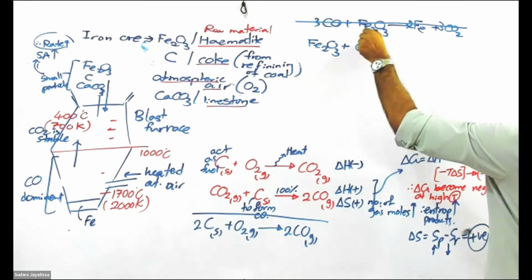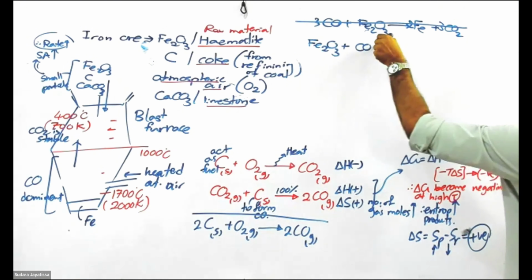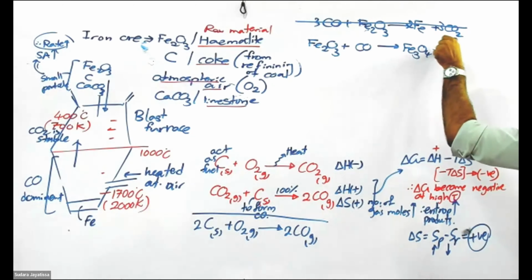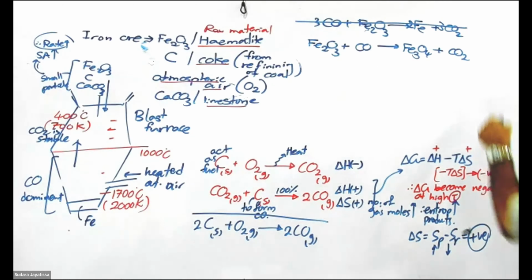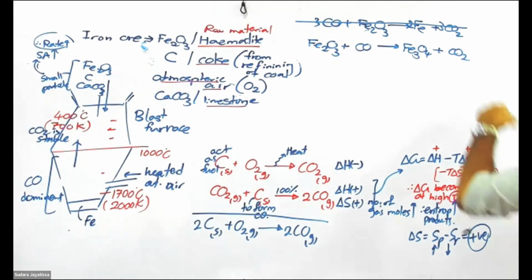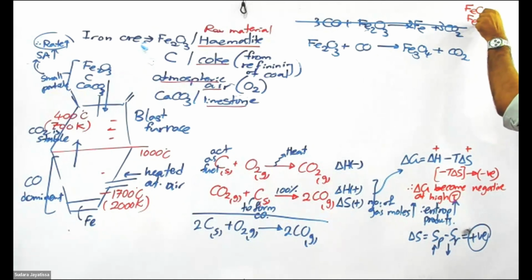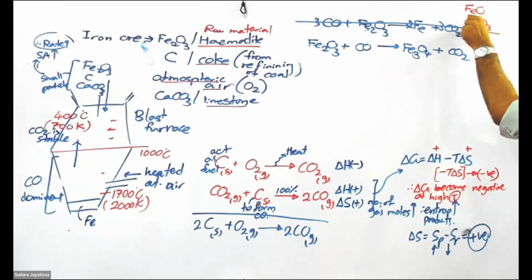First of all, hematite reacts with carbon monoxide to form Fe3O4. So what is this Fe3O4? Don't get confused. Fe3O4 is a mixture of oxides. If you add FeO and Fe2O3, what will you get? Fe3O4.